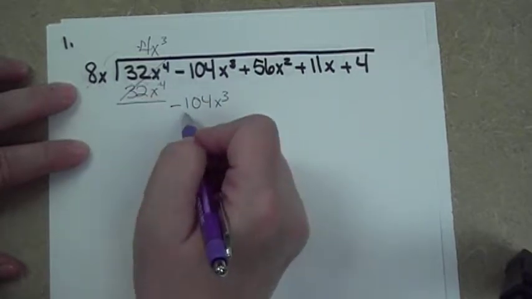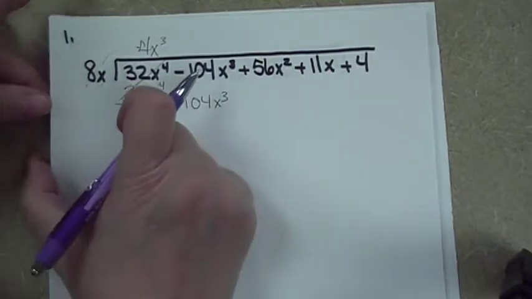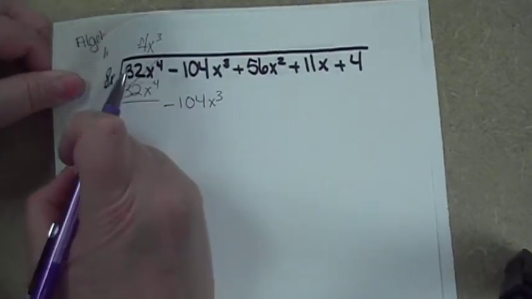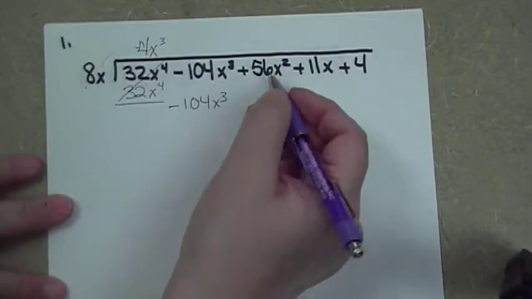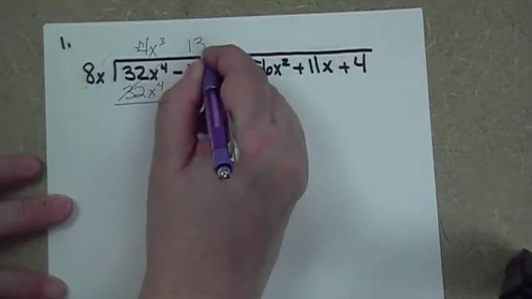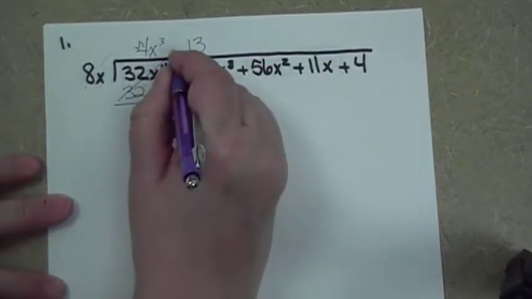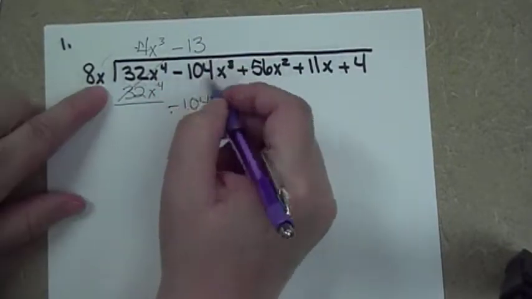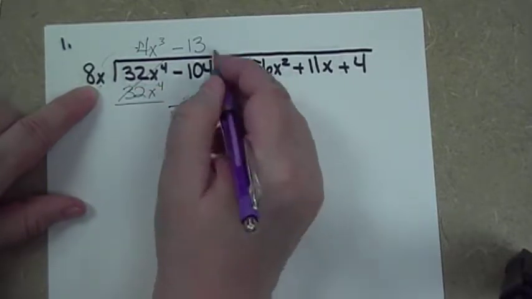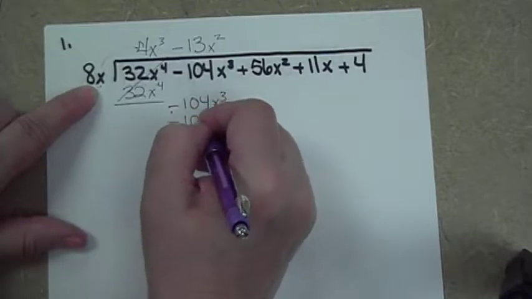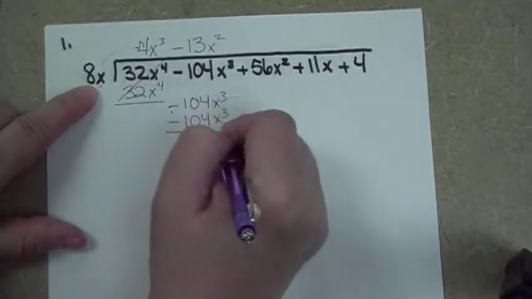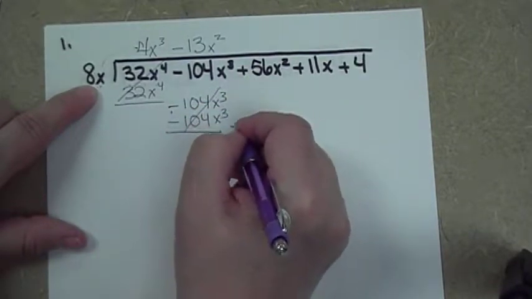Now 8x goes into 104x. So go through and do some dividing. 8 will go into 104 13 times, so we need 13 of them. We do need the negative. And we had 1x, we need 3, so this would be x squared. Multiply that, that's 104x^3. Those cancel out, bring down the next term.